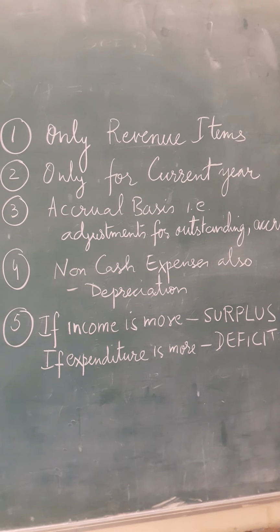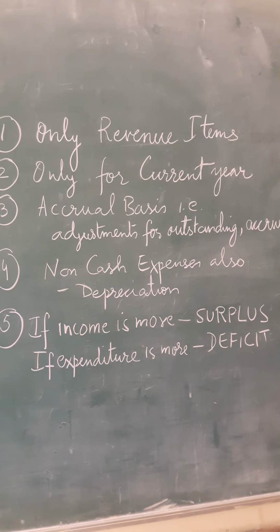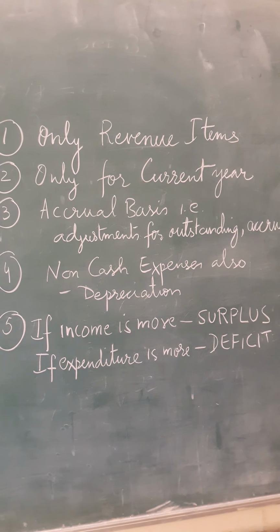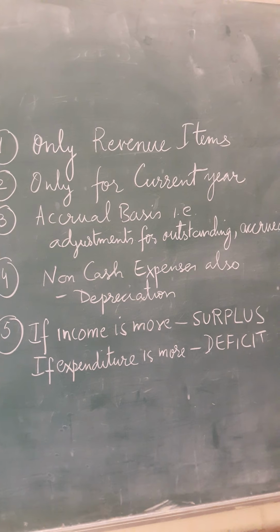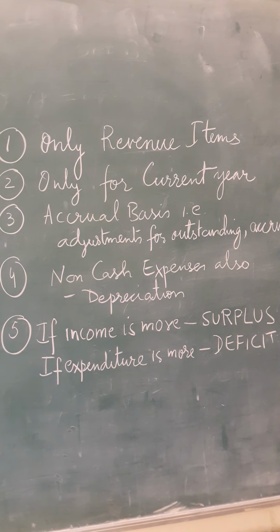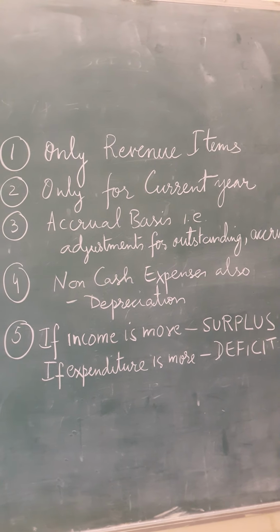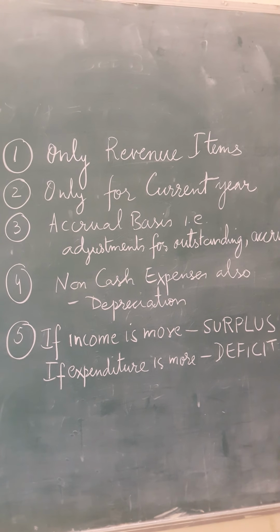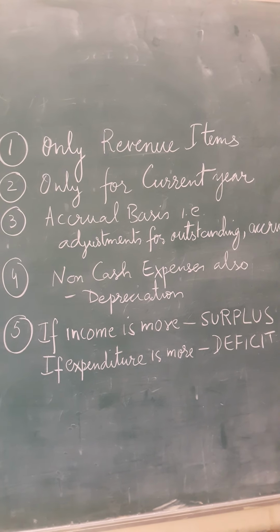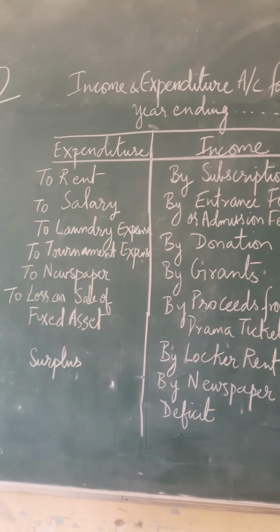And if expenditure is more than income, we incur a loss but will not call it loss, it will be called deficit. So NPO, you have so many new terms coming up. I'll try to go slow, get used to these new terms, go through the video again and again to understand it well. Once again, I'm showing you the income and expenditure account.